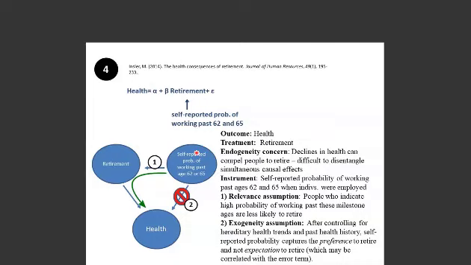And the self-reported probability of working past age 62 or 65 does not have a direct impact on health after controlling for these health history and hereditary health trends. Now, what they find in this paper is that IV estimates end up switching the sign when compared to baseline OLS estimates, and that retirement exerts a beneficial influence on health changes.